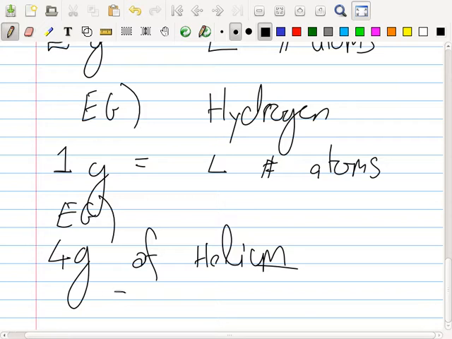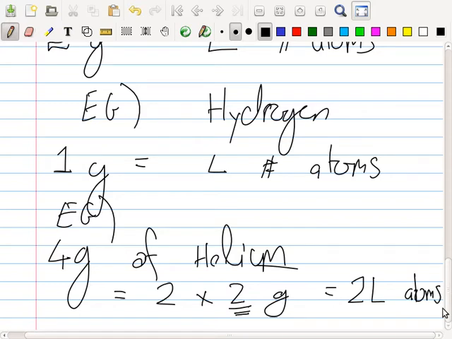So 4 grams of helium equals 2 multiplied by 2 grams, and this 2 here is the atomic number. So it equals 2L atoms.